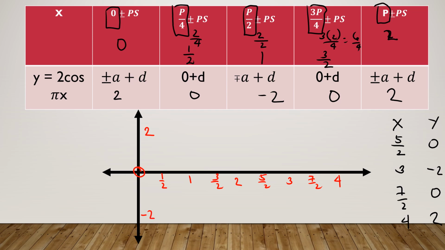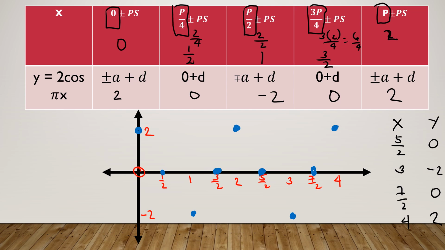After that, we're going to plot the points 0, 2, 1 half, 0, 1, negative 2, 3 over 2, 0, 2, 2, 5 over 2, 0, 3, negative 2, 7 over 2, 0, and 4, 2.